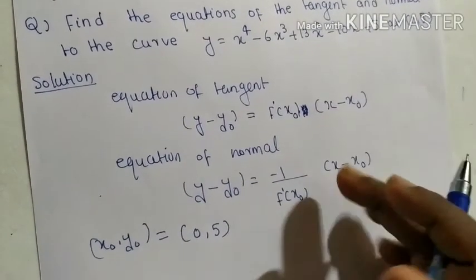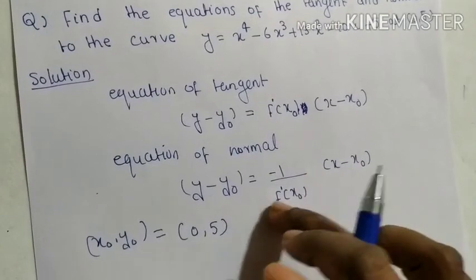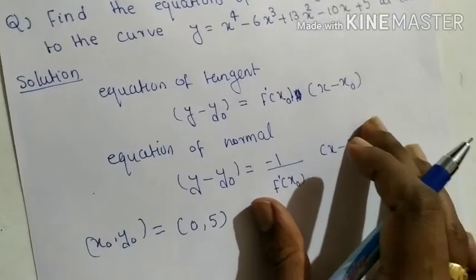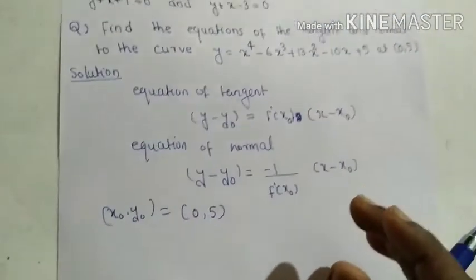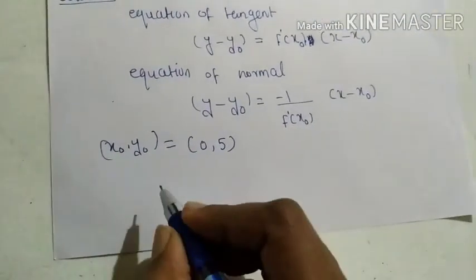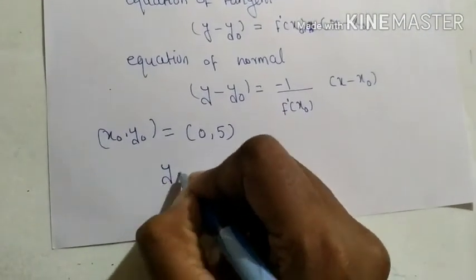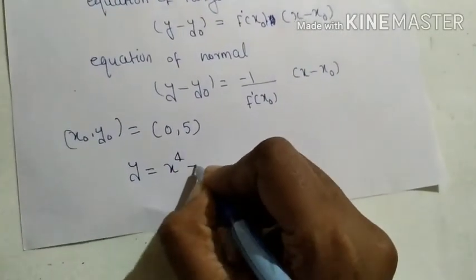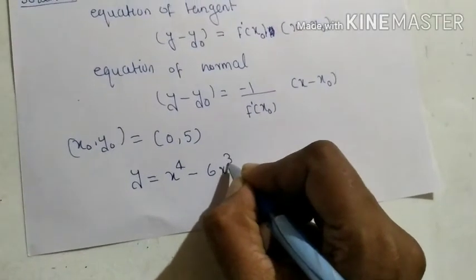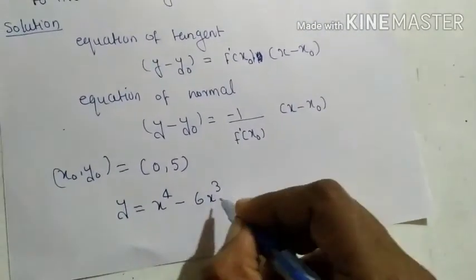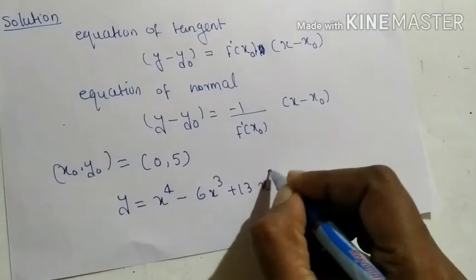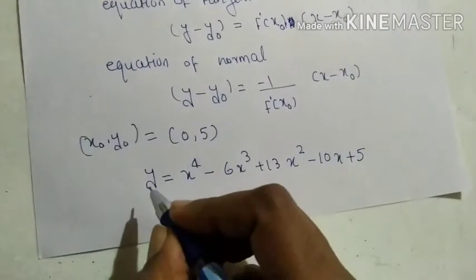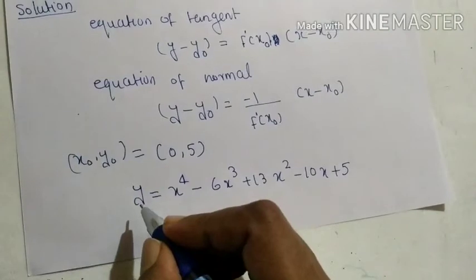Substituting the value of f dash of x naught, we get our equation of normal. Okay, so let's start the solution. First of all, the given curve is y equal to x raised to 4 minus 6x cube plus 13x square minus 10x plus 5. So I am going to find dy by dx.